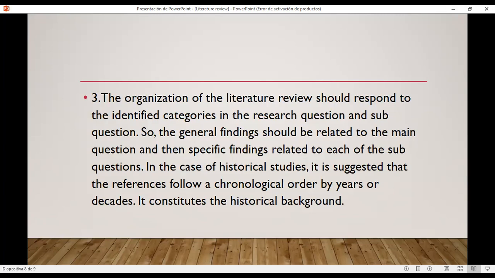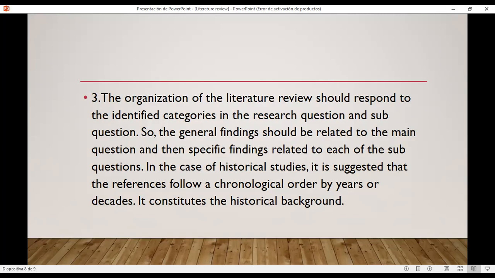Okay, so summarizing this paragraph, what is important to have clear is that there is a close relationship between the research questions and the literature review. How do I know what themes, what headings or subheadings I'm going to include, because it is allowed to include headings and subheadings? I don't need to copy from other articles.